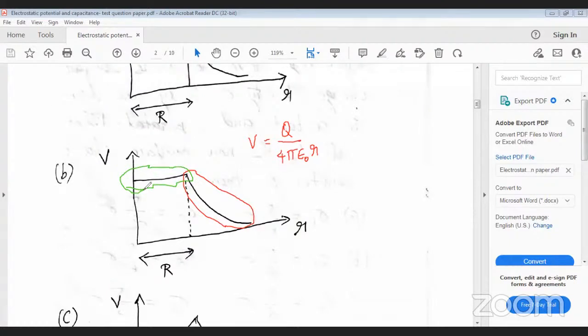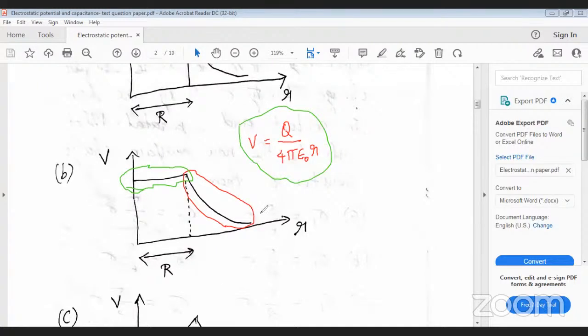So you have a straight line. From capital R, there is a decrease in potential. That means when you move away from the surface of the sphere, you are having a decrease in potential, according to this relation. So the correct option for this question is option B.